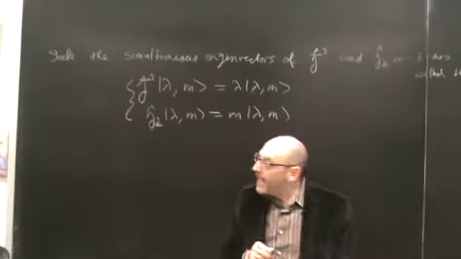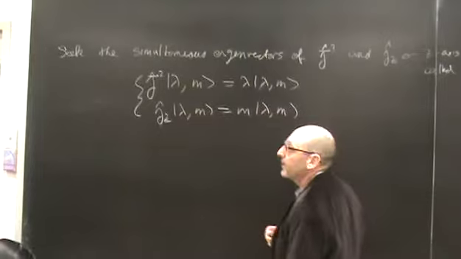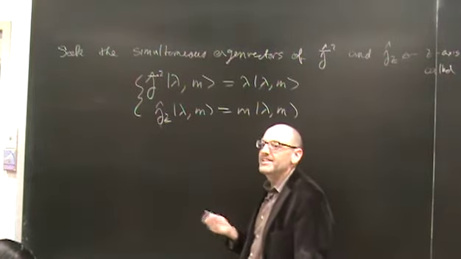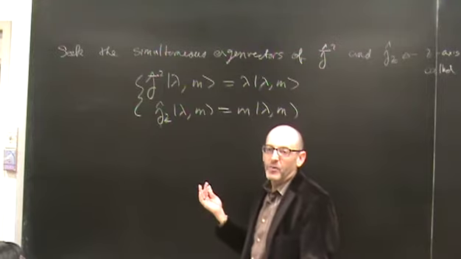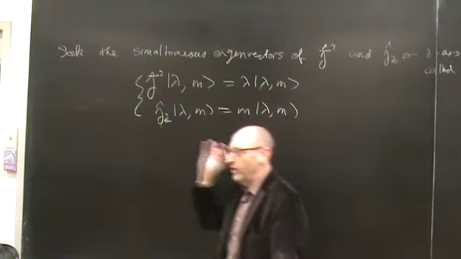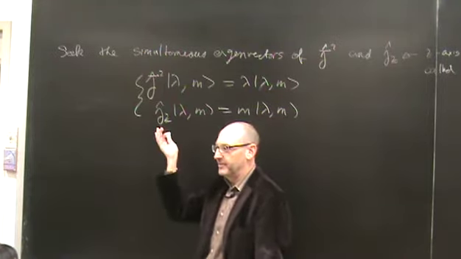All right, now to do this problem, it's natural to think about, we saw that the combination x plus iy and x minus iy played an important role in thinking about rotational symmetry.